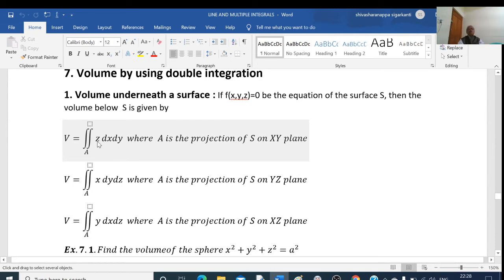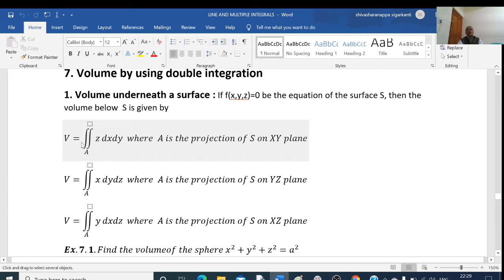Z is given by the equation of the sphere, x square plus y square plus z square equal to a square, or z square equal to a square minus x square minus y square, or z equal to square root of a square minus x square minus y square.